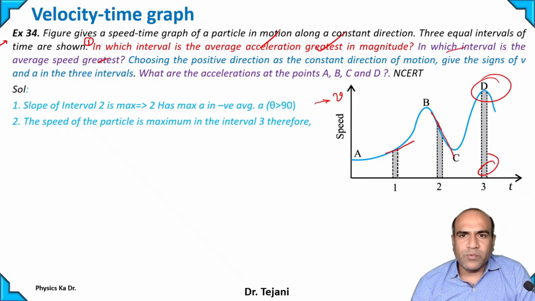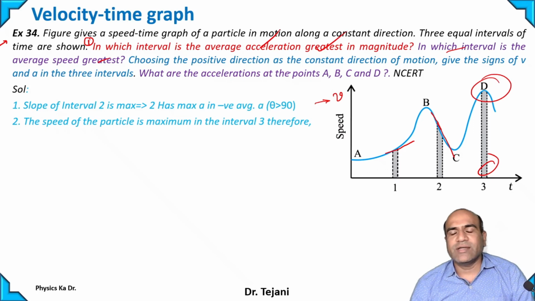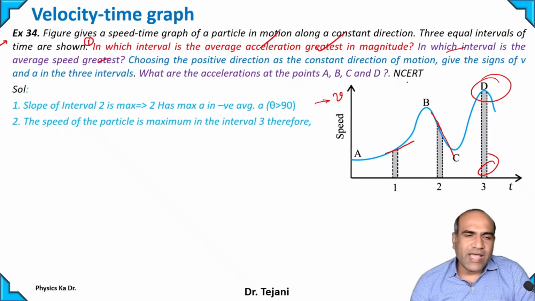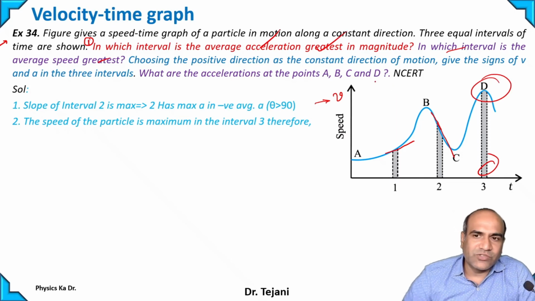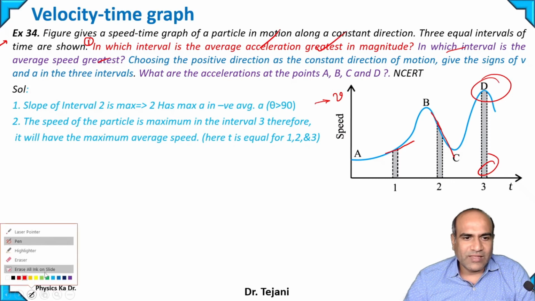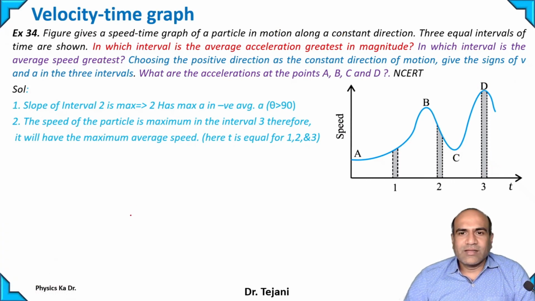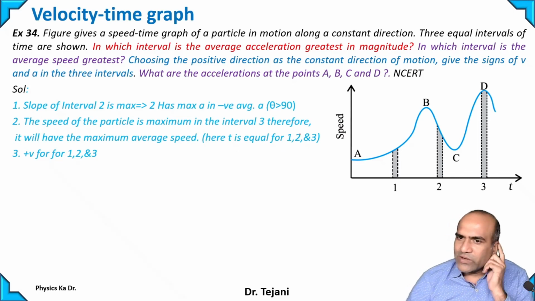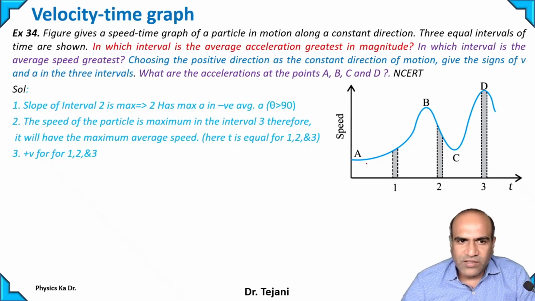Then choose the positive direction as the constant direction of motion, and give the sign of velocity and acceleration in the three intervals. This is a question I love. Here velocity is positive. For this one, theta is less than 90, so V is positive.